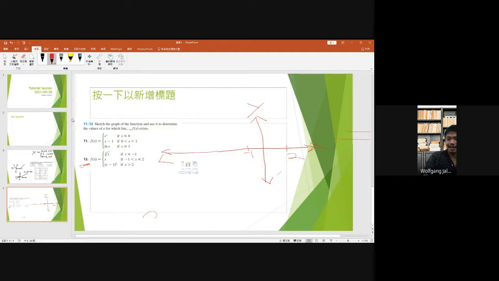Ah, everybody can see that, right? It's ugly, but we have what we have.